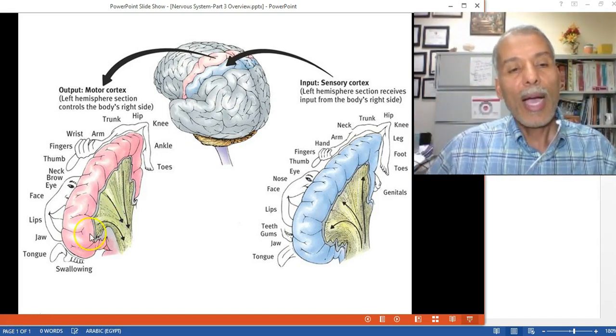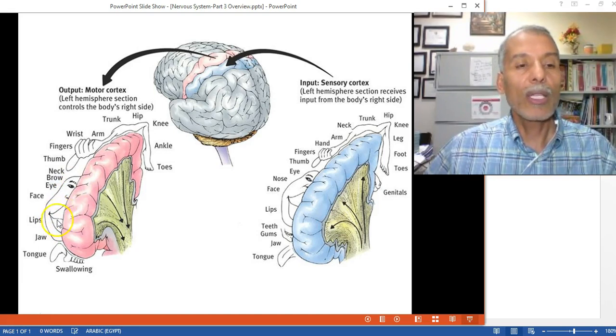It is controlled by this area here that controls the face and different parts. You see how the lips are represented by a big area here, and the tongue also, and the hands.